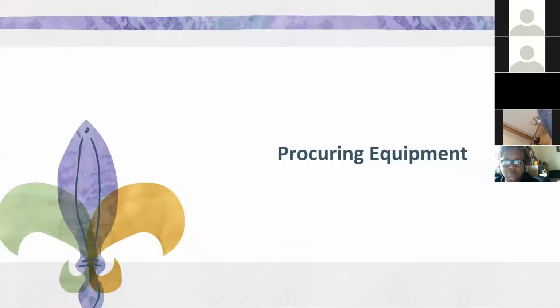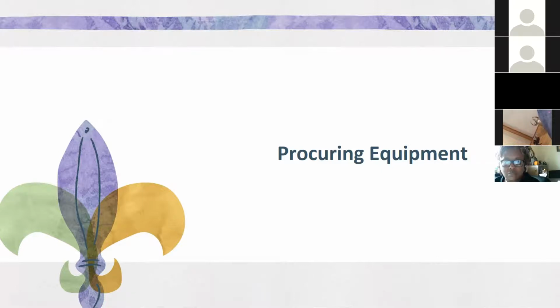All right, now we're going to move on to the procurement of equipment. Much like the purchase of other goods and services, the estimated dollar amount of the equipment purchase will determine the procurement process that must be followed. I will begin with the definition of equipment, then we'll follow with an explanation of the steps for procuring equipment in accordance with federal, state, and local regulations.